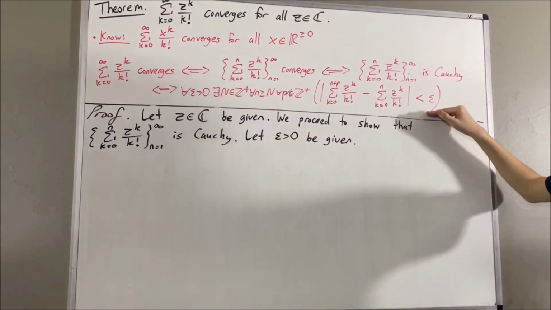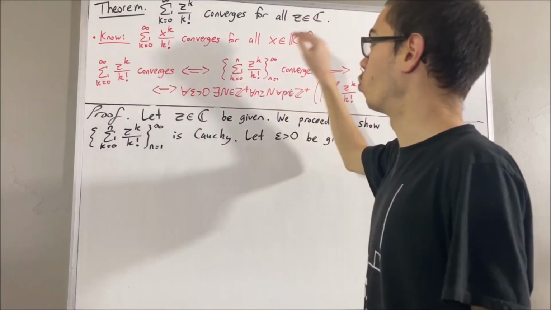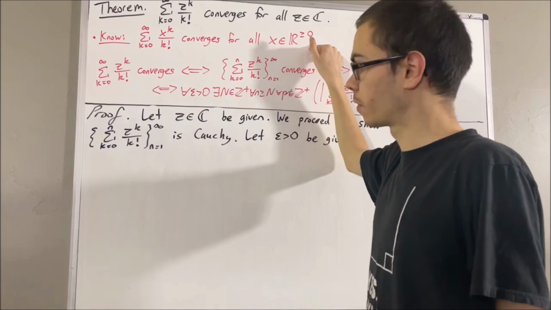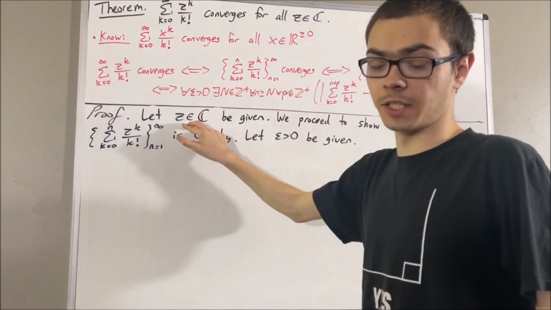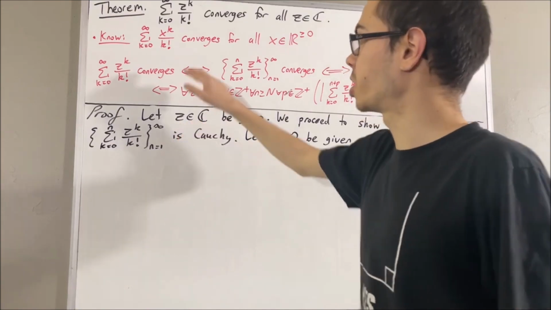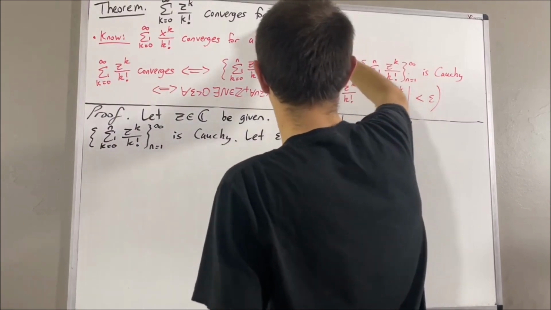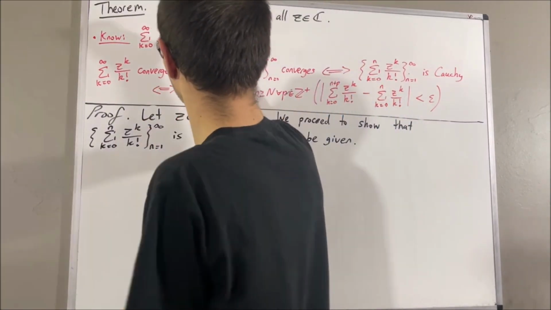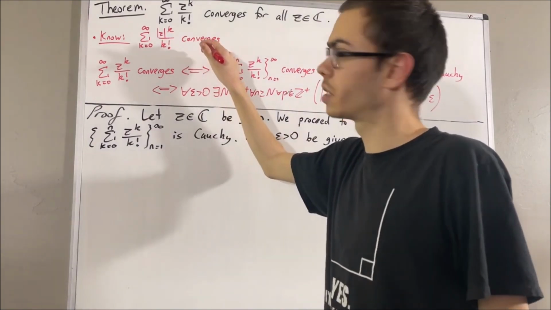Now, remember, we know that this infinite series converges for every real number greater than or equal to 0. Well, in particular, we know that the absolute value of z is greater than or equal to 0, so let's just take x to be the absolute value of z. Right, so we know that this infinite series converges.